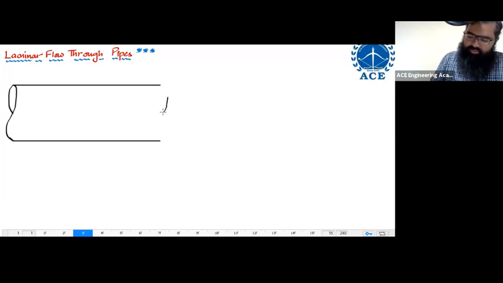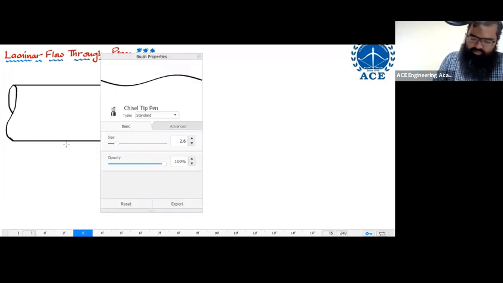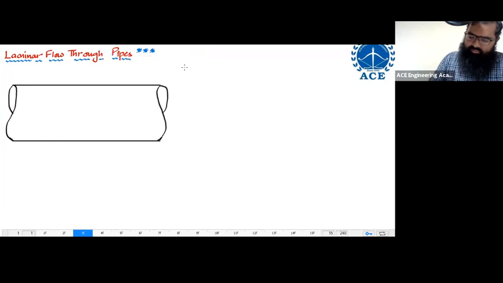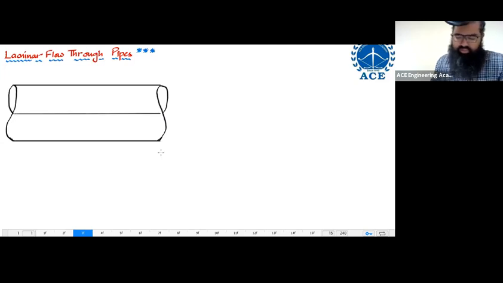In this particular pipe, you are having a laminar flow taking place. Let me choose a centroidal axis. Suppose this over here is a centroidal axis, the central axis.